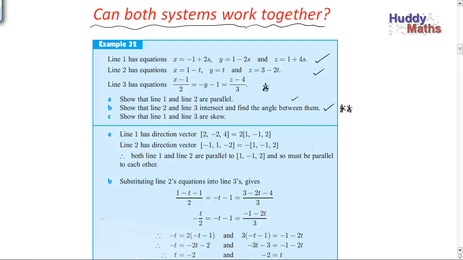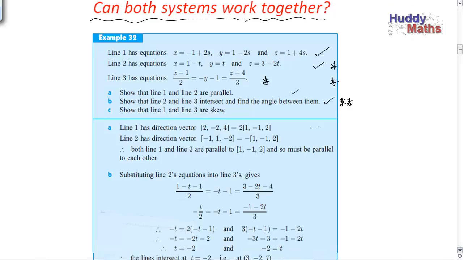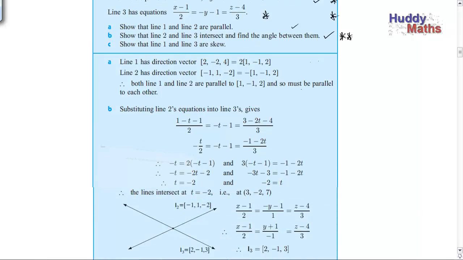You can actually use line 2 and 3, line 2 in parametric form, line 3 in Cartesian form, and join the two together. Here we are. They're going to intersect when the conditions from line 2 satisfy the conditions from line 3.